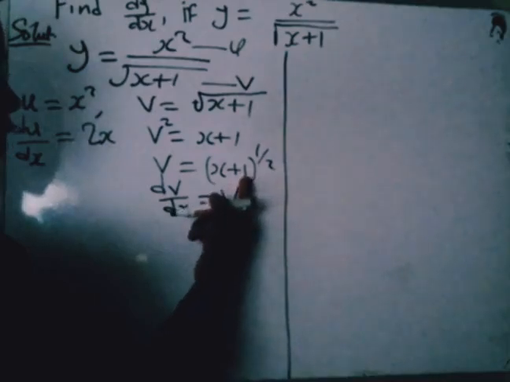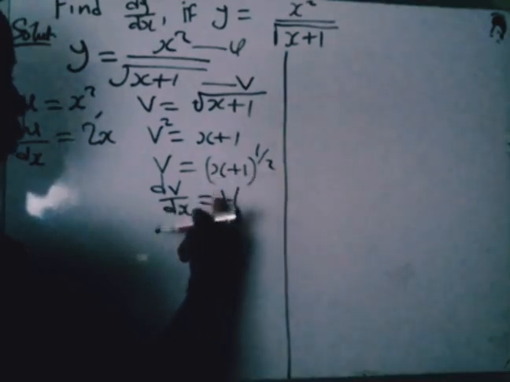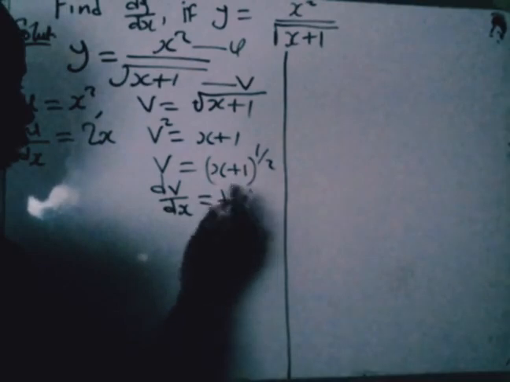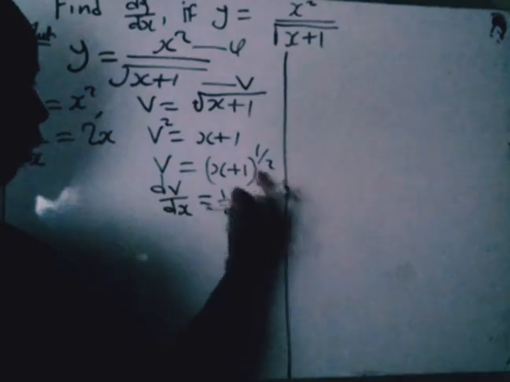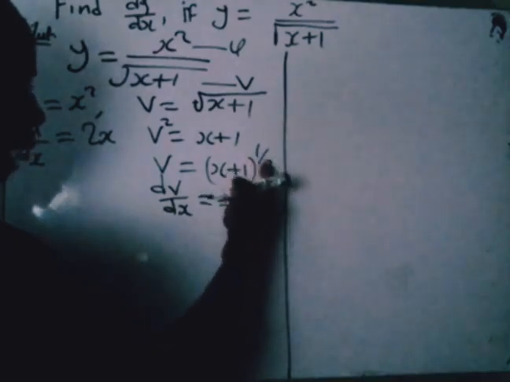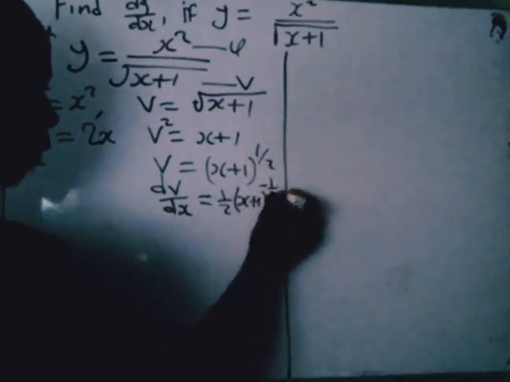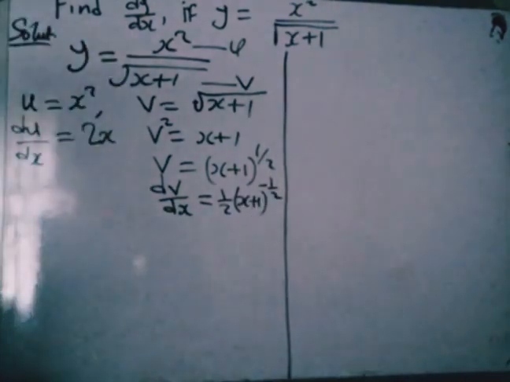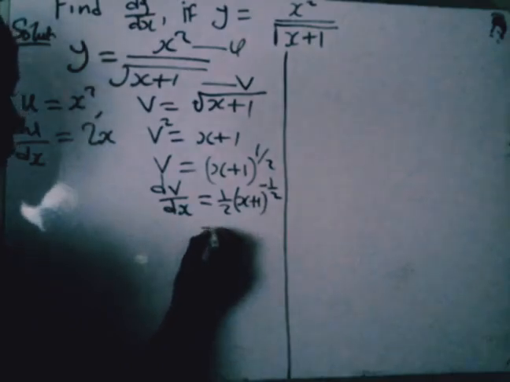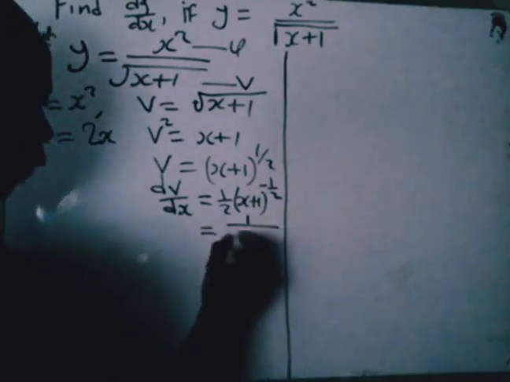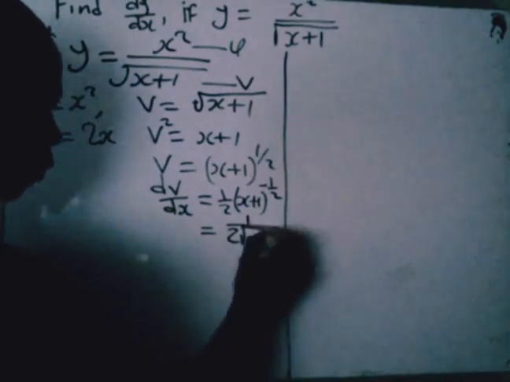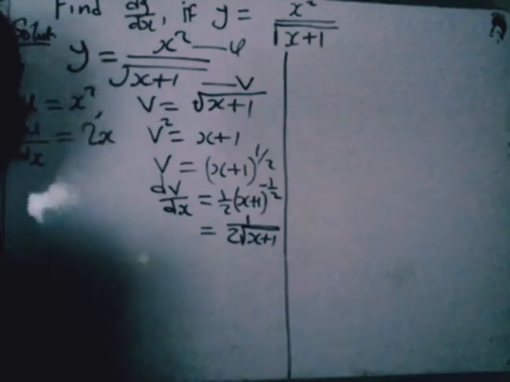Differentiating 1 gives 0, differentiating x gives 1. So 1 times half is 1/2, still half. Now we replace this, then 1 minus half gives us minus 1/2, which when we simplify gives us 1 all over 2 square root of x plus 1.